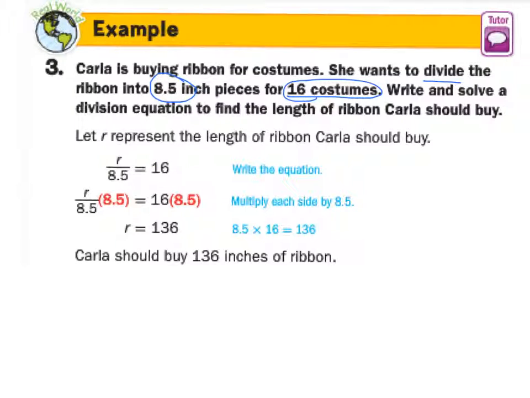So to solve, we're going to multiply both sides of the equation by 8.5, and these cancel. So we have R, and 16 times 8.5 is 136. So Carla should buy 136 inches of ribbon.